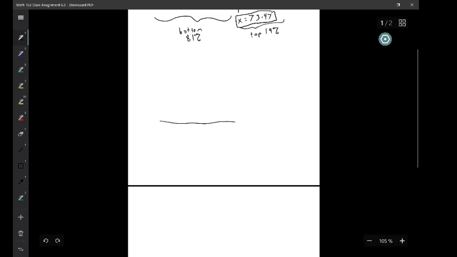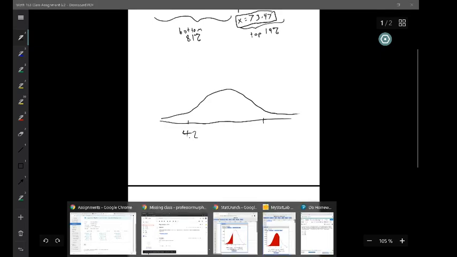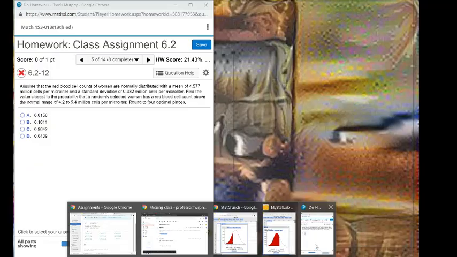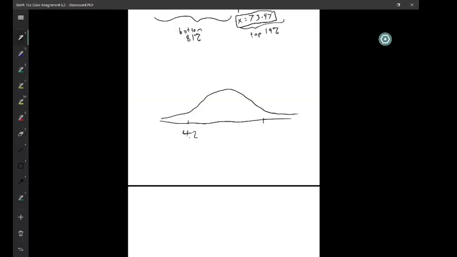Say the range is something like 4.2 to, let's see, what was it, 5.4. So this is the normal range.